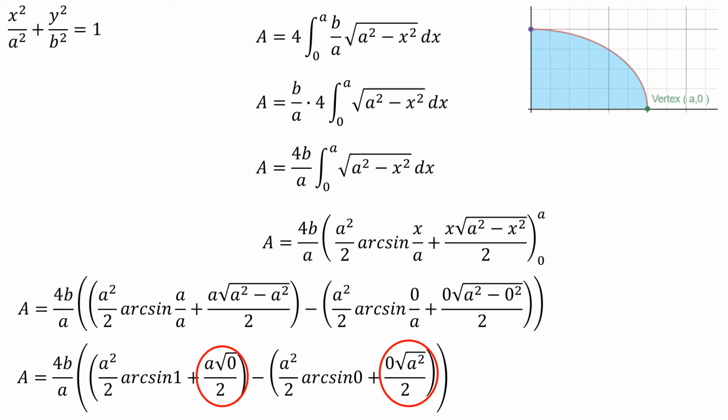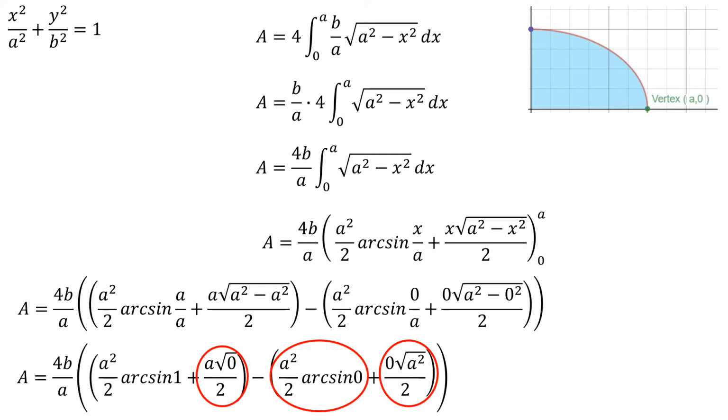I can ignore that. And then the one that's a little bit trickier to see, an arc that gives me a sine of 0 has a measurement of 0, right? 0 radians. And so a squared over 2 times 0 becomes 0. I can ignore that.